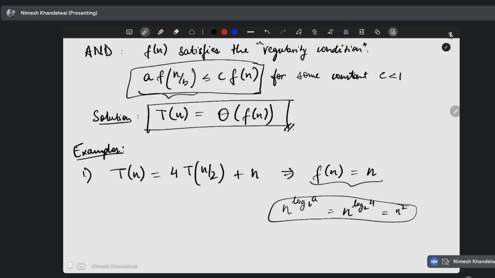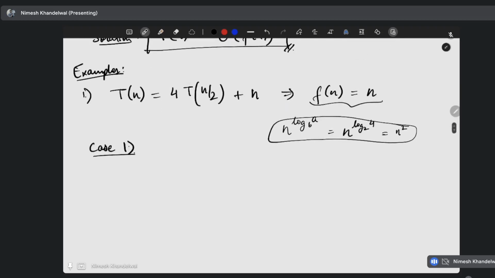So this is basically case 1, right? So we know that for case 1 the runtime complexity is basically n to the power log a base b, so it is n squared, right? Similar to the function that we compare it against.